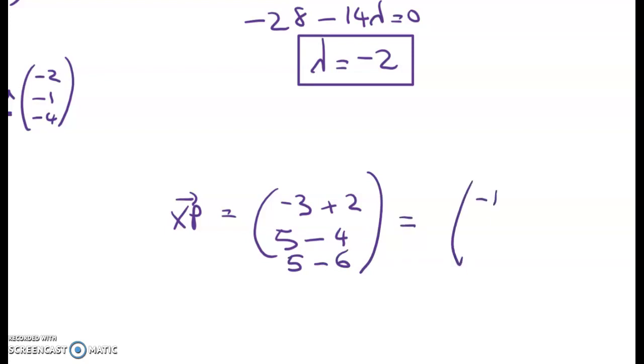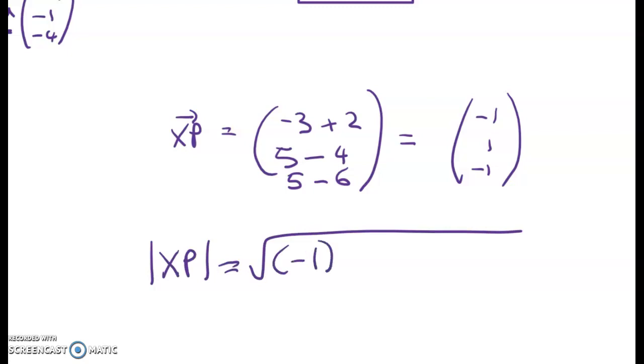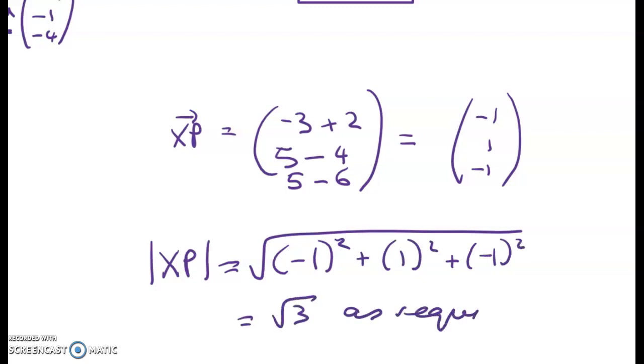That gives me (-1, 1, -1). And our job was to find the length of that. So we'll just show how we get this. We've got negative 1 squared plus 1 squared plus negative 1 squared, which gives me root 3 as required.